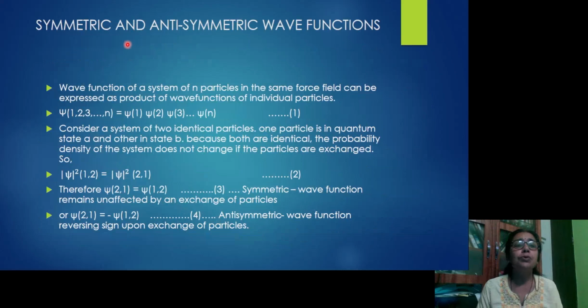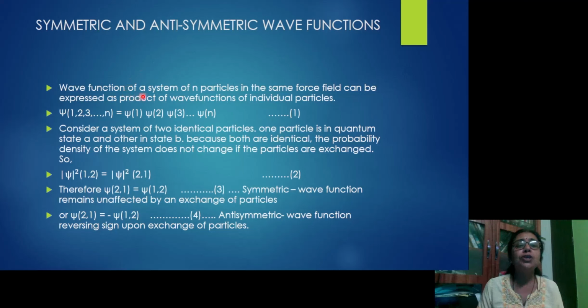Now we are going to see how Pauli's exclusion principle proves that electrons have antisymmetric wave functions. Before that, it is necessary to understand what is meant by symmetric and antisymmetric wave functions.